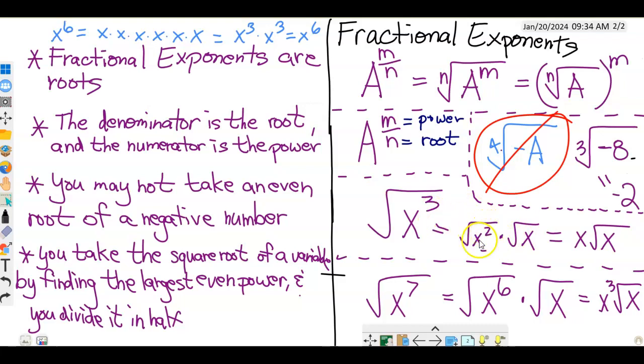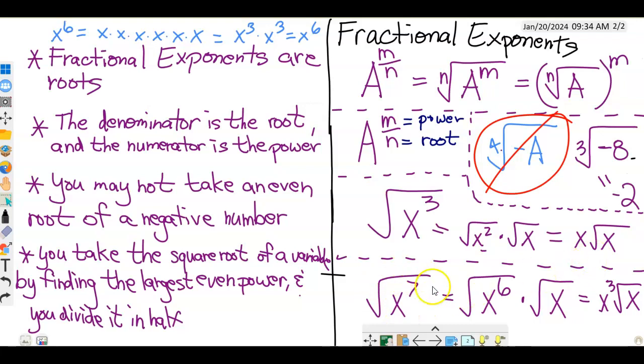And the square root of x squared is x. So I write the x on the outside of the radical sign, okay, because just like a perfect square, I'm using it to simplify. And so now what do I have underneath the radical sign? A single x.